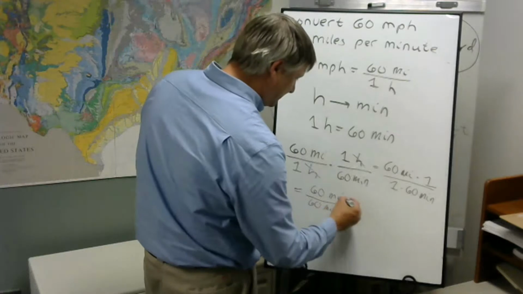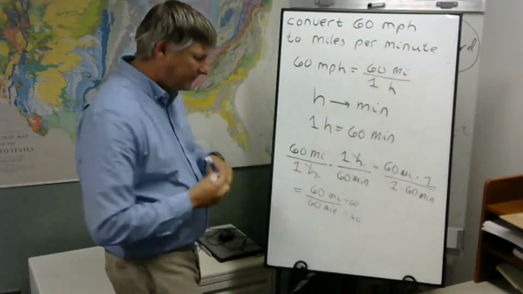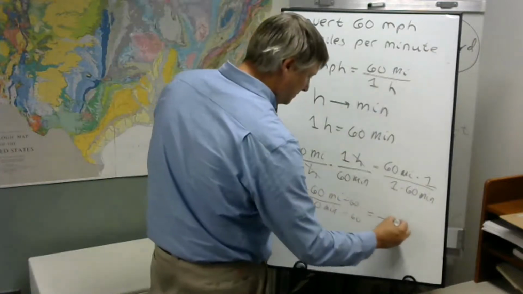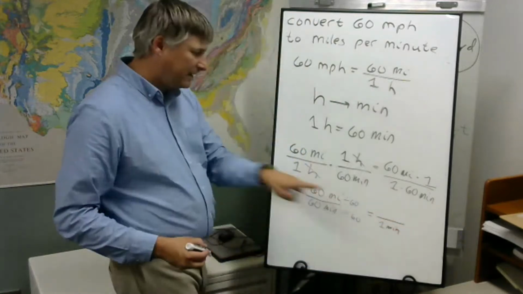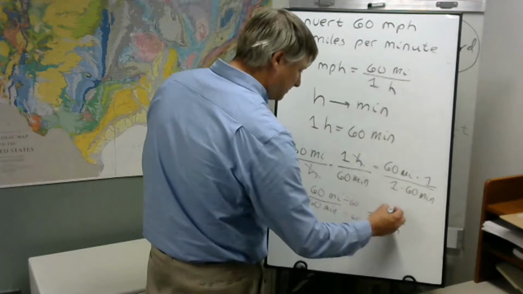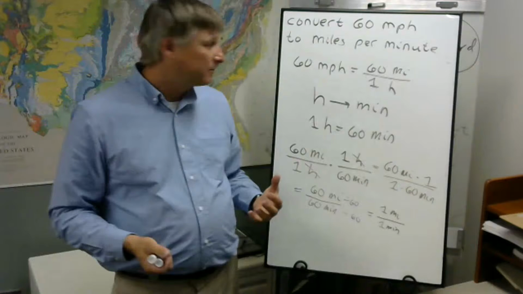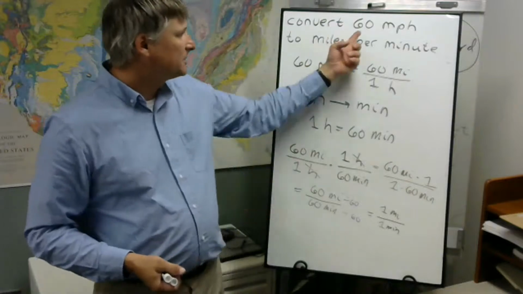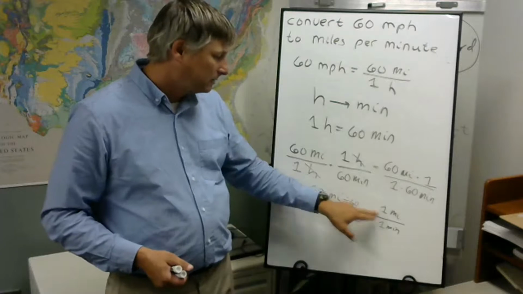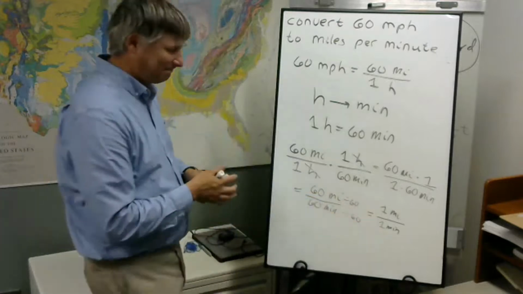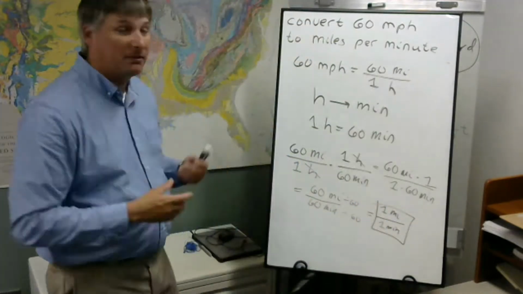Let's divide top and bottom by 60. 60 divided by 60 is 1. And 60 divided by 60 is 1. So what we find out, 60 miles per hour is the same as 1 mile per 1 minute. And there we go.